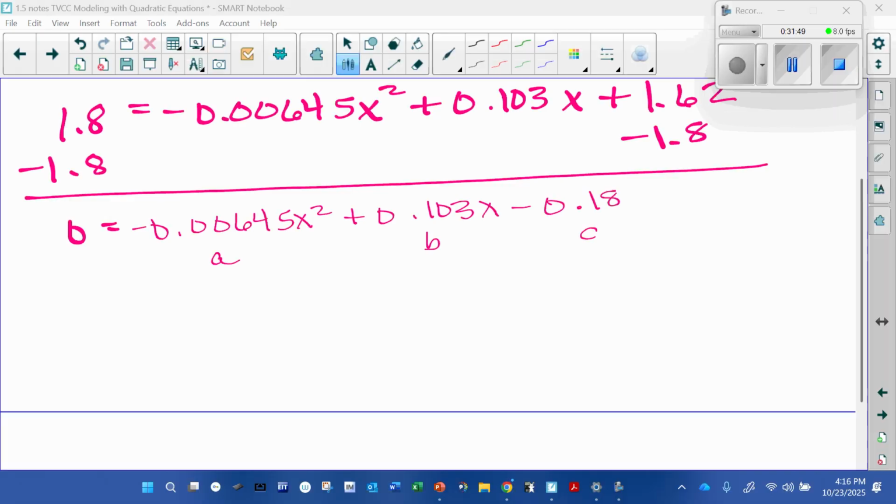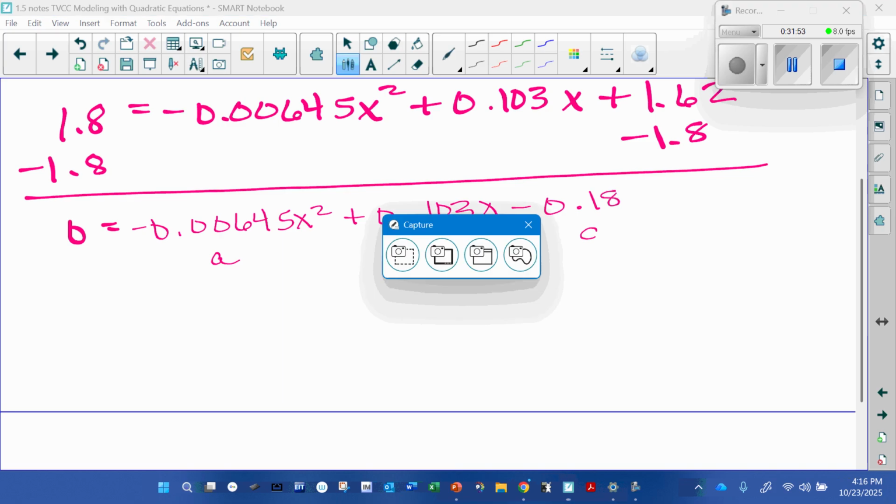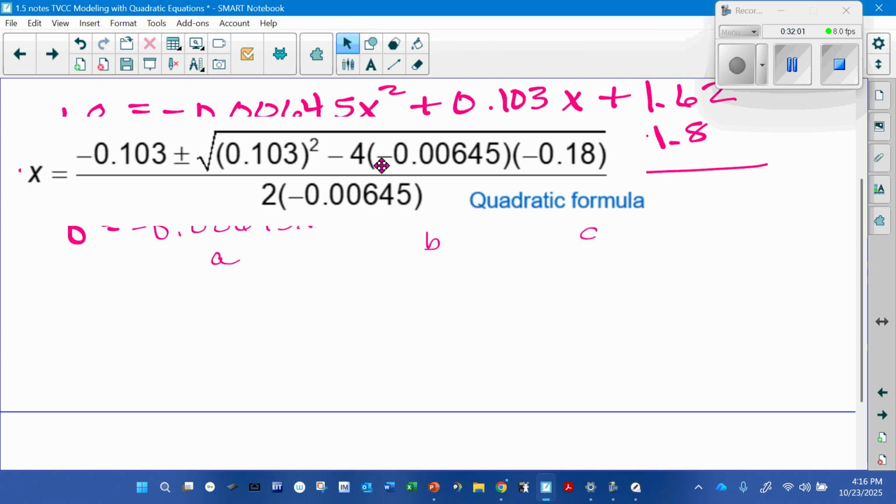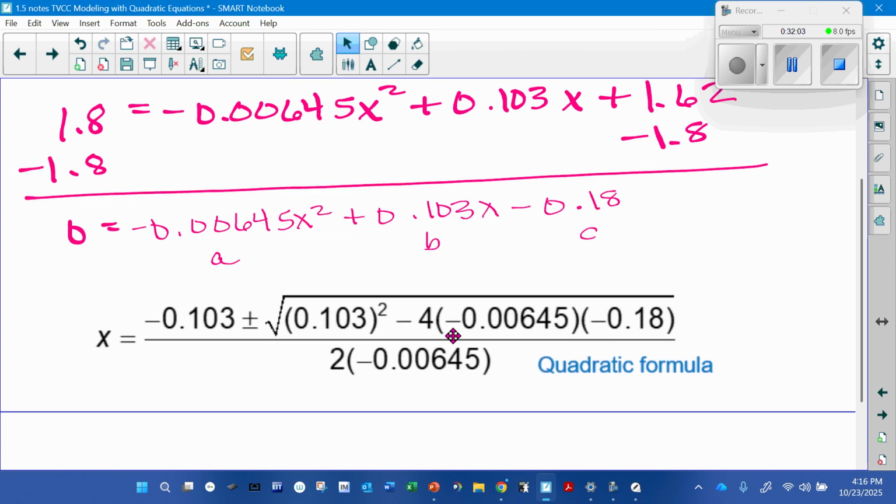So plugging it in, here is our quadratic formula: negative b plus or minus the square root of b squared minus 4ac, over 2a.